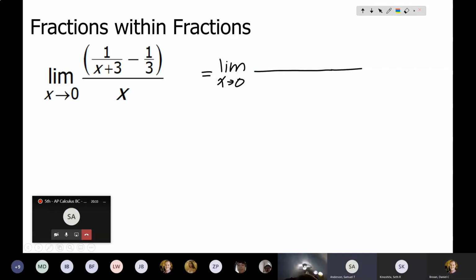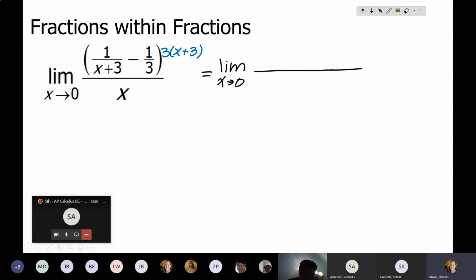I tried to get a common denominator between 1 over x plus 3 and negative 1/3. And what is that common denominator? 3x plus 3. Yep. So if I want to get the common denominator, we can see the common denominator is 3 times x plus 3.